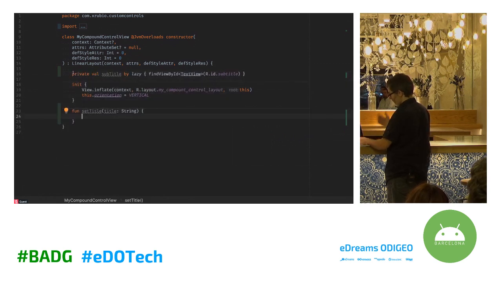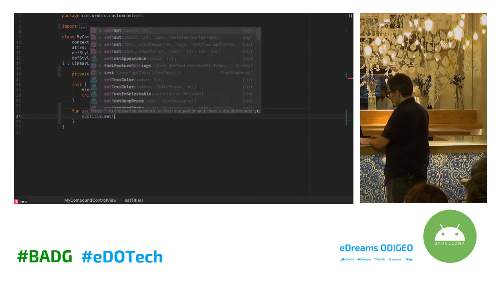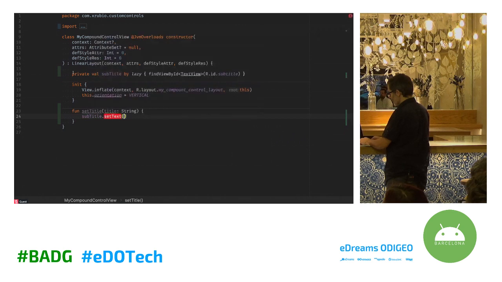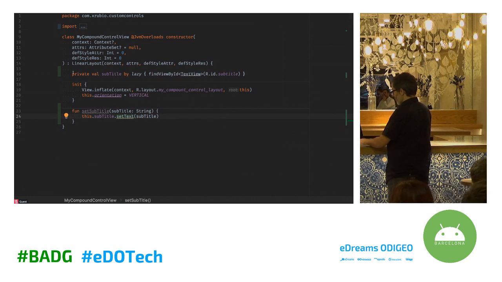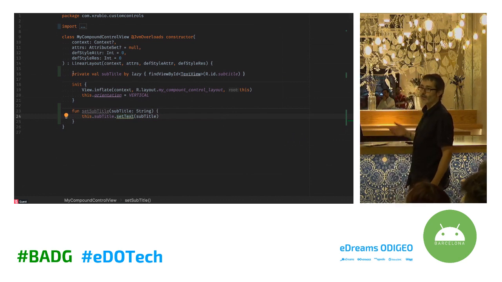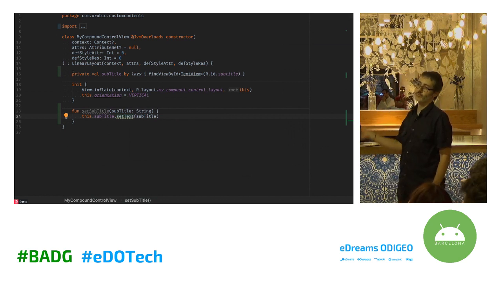We are not exposing it outside. So in this case, text, well, that's wrong. Oh, yeah, okay. Well, so basically what we are doing is something quite simple, which is exposing what we want to expose to the outside.